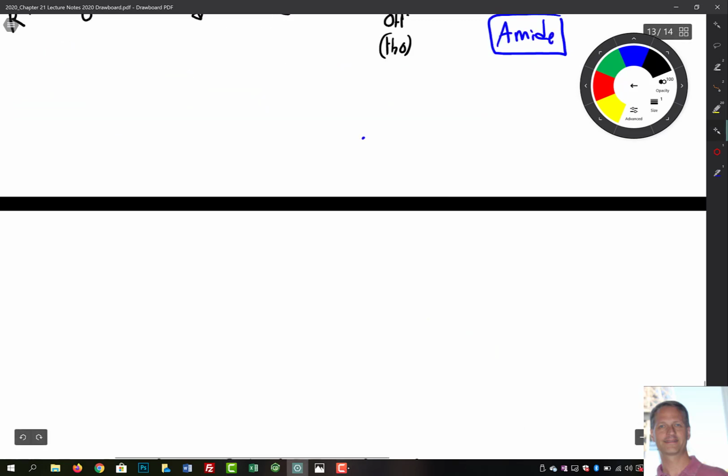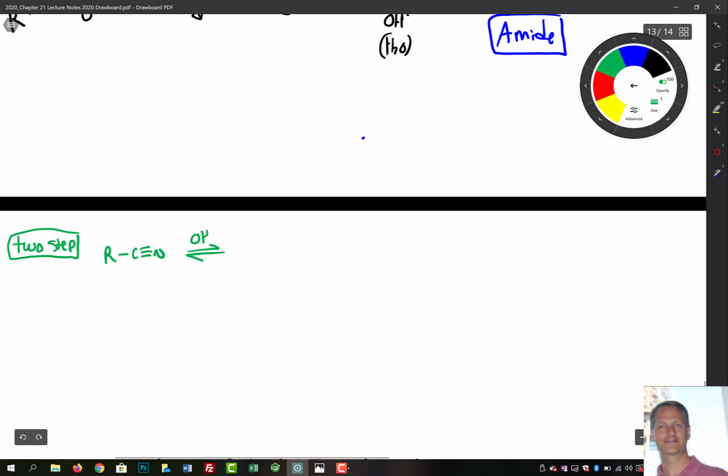So sometimes you'll see this written out a couple of different ways. So I just want to show you ways in which you might see this. So let's take a look here. So you'll see maybe what I'll call the two-step method. So the two-step method would take your nitrile, right?